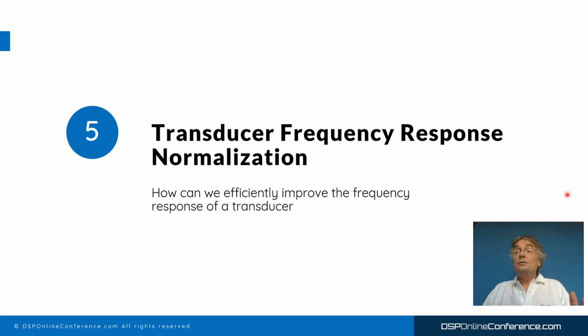So again, we could calculate the frequency response. We could calculate a filter, a time domain filter, that when we put the data from the transducer through the filter, the output would be a flatter spectrum than the transducer provides.